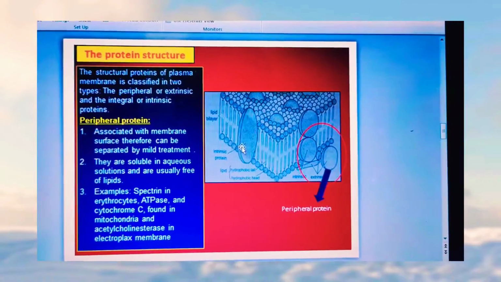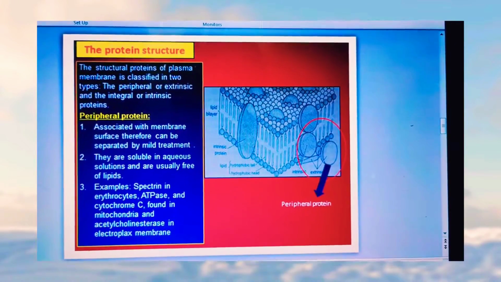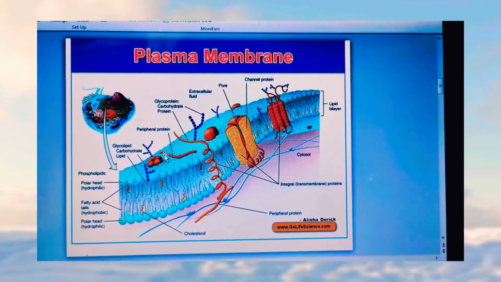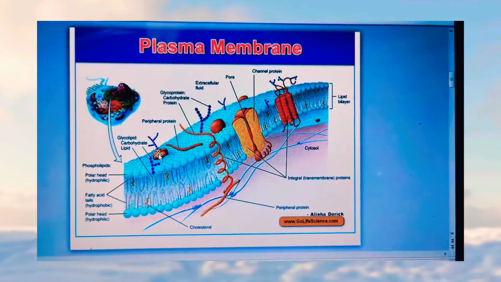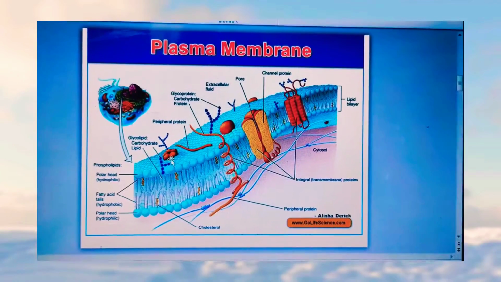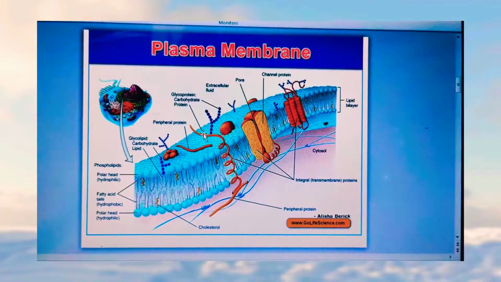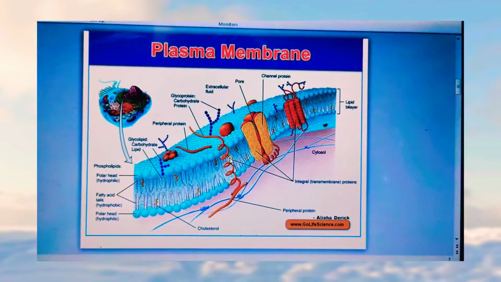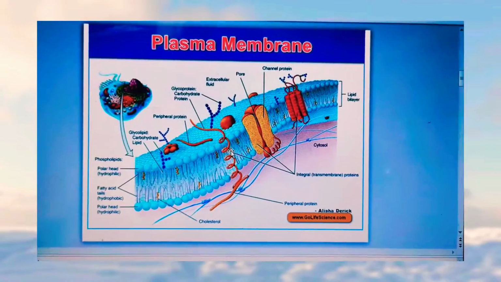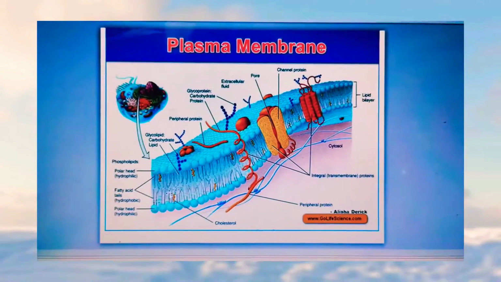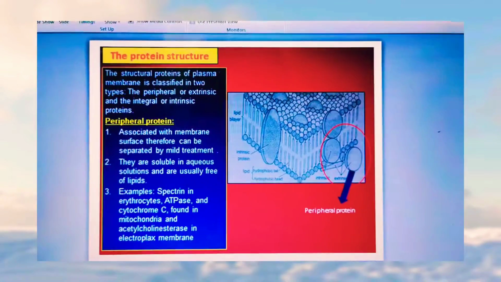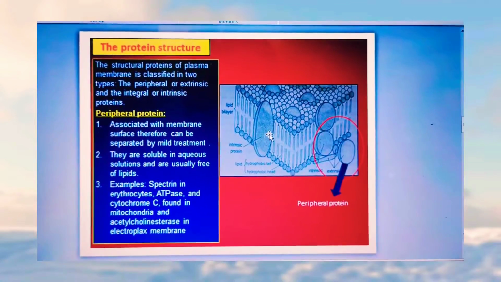You can see that the proteins are here, and this is the brown colored protein. These proteins are either intrinsic or extrinsic. In this slide you will be very clear what is intrinsic and what is extrinsic.